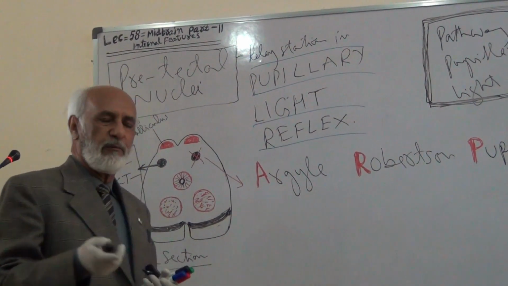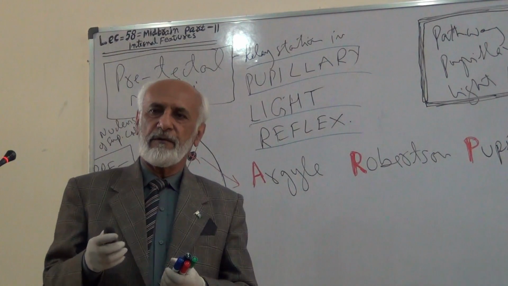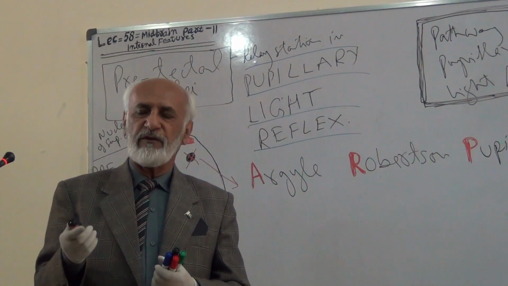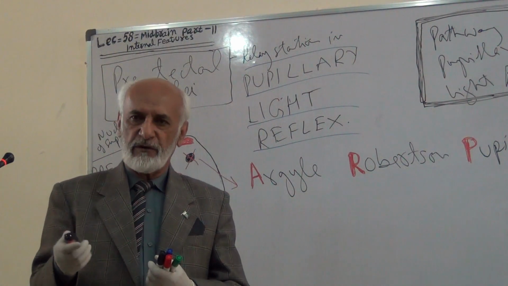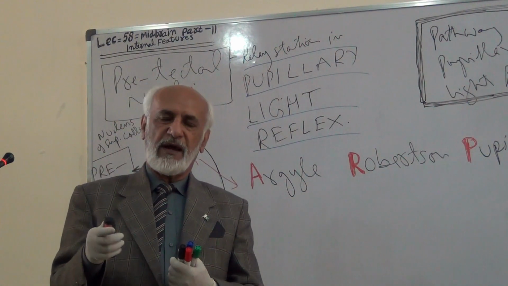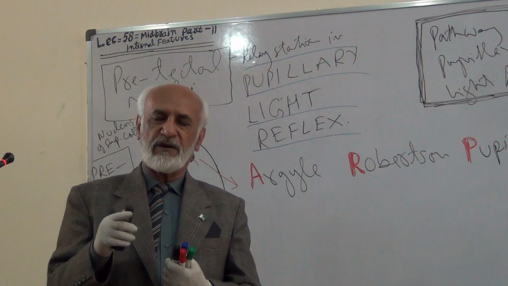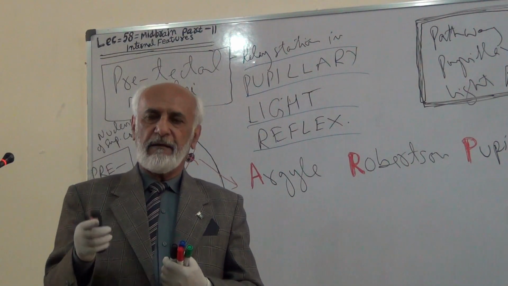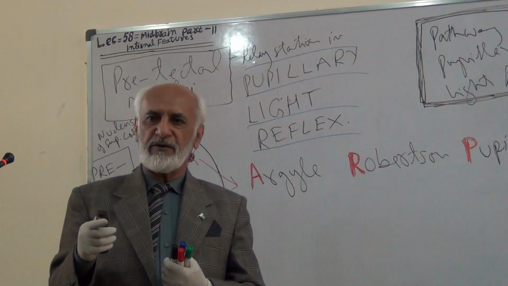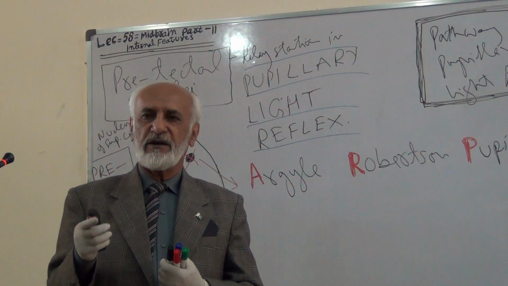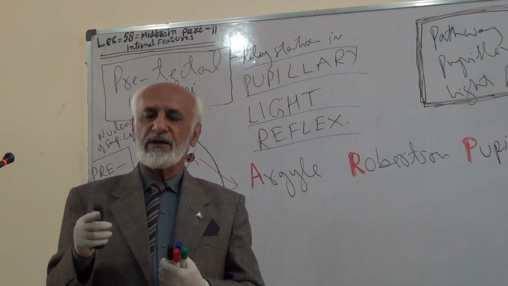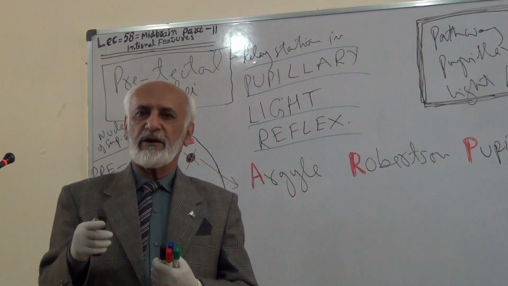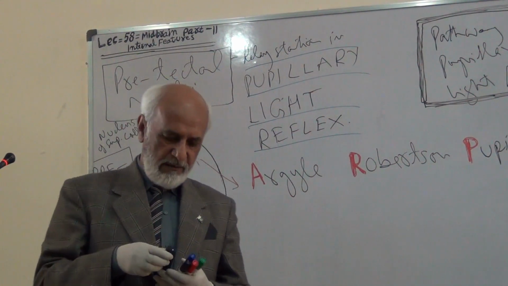Why? Because the pathway for the pupillary light reflex is different from the pathway of the accommodation reflex. Normally in both, the pupil constricts. But in Argyll-Robertson pupil, the condition resulting from damage to the pretectal nuclei, the pupillary light reflex will be absent, but accommodation reflex will be present.